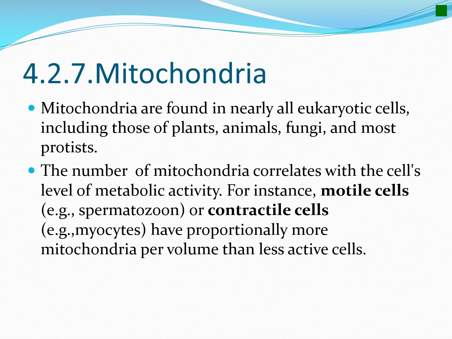So if a cell is very active, it is supposed to contain a great number of mitochondria in comparison to a less active cell that is supposed to contain a smaller number of mitochondria. This goes with exactly the level of energy required in each cell.